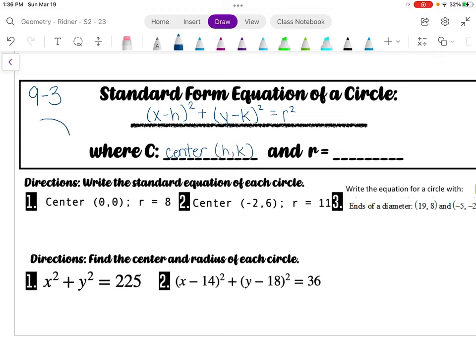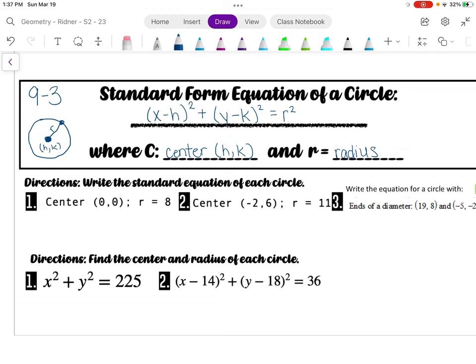So think about it. I have a circle, and the center is right here on a graph. That is h comma k. And r is the radius, and we always square that. But the radius is anywhere from the center to an outside edge. That's the length of it.